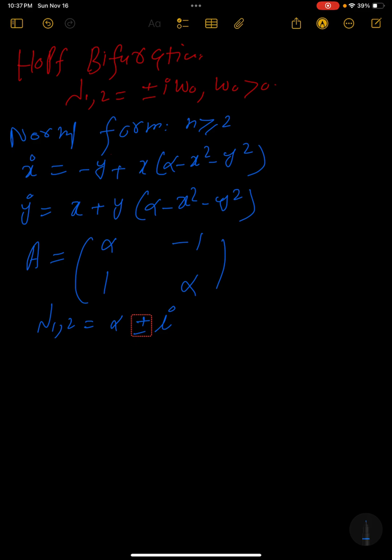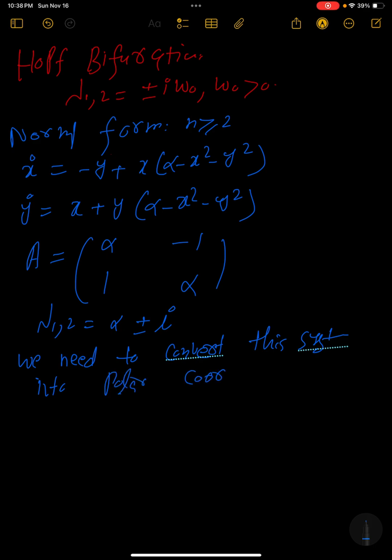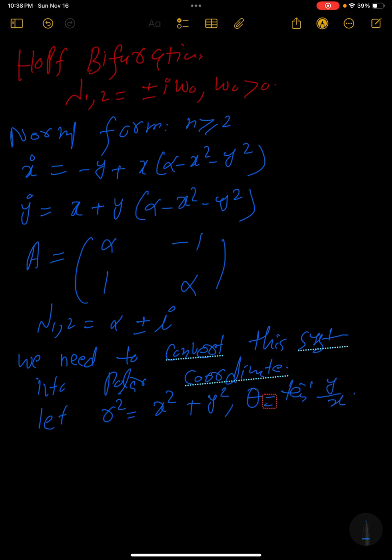Now to discuss the stability or the bifurcation of this system, we need to convert this system into polar coordinates. So we will say let r square be x square plus y square, and theta be tan inverse of y divided by x.